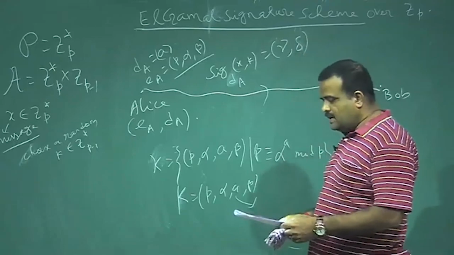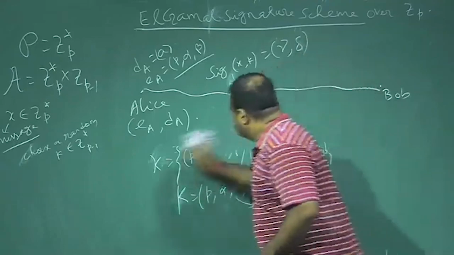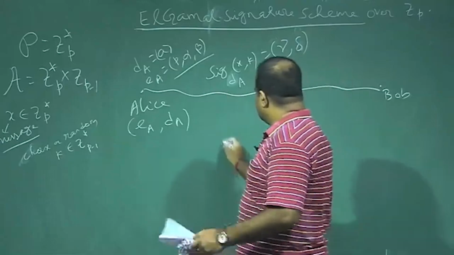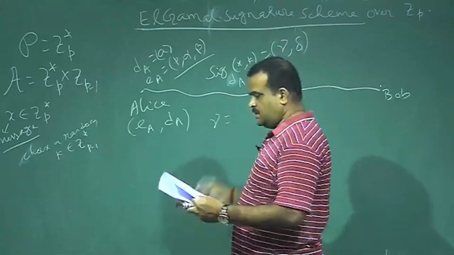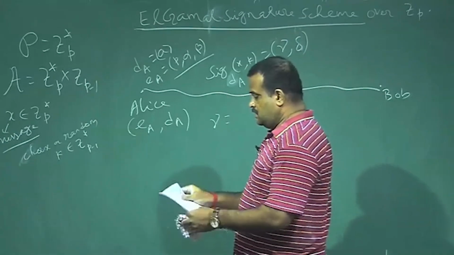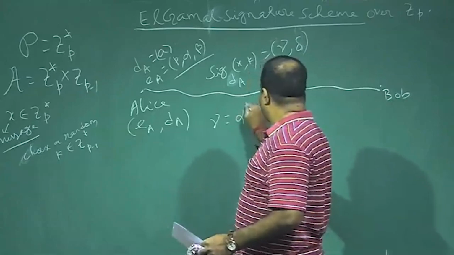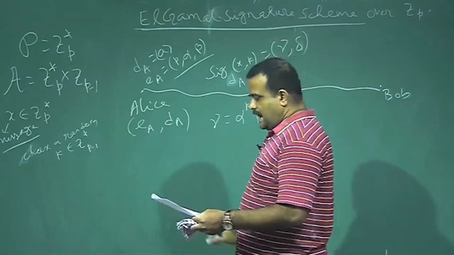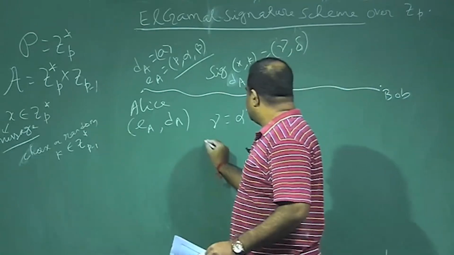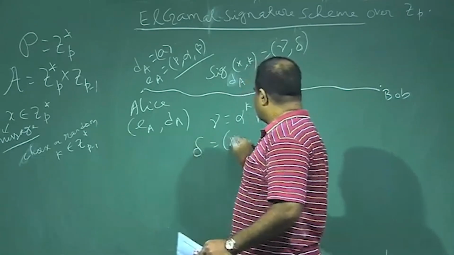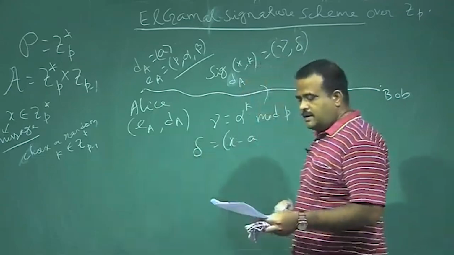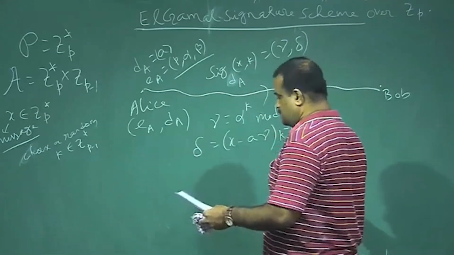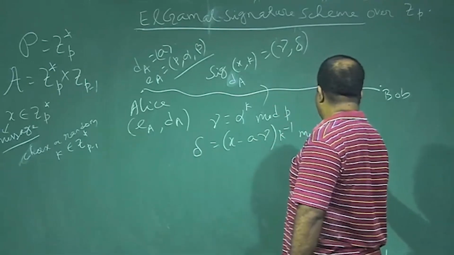Now, what is gamma? Gamma is basically alpha to the power k mod p, and delta is basically x minus a gamma, times k inverse, mod p minus 1.